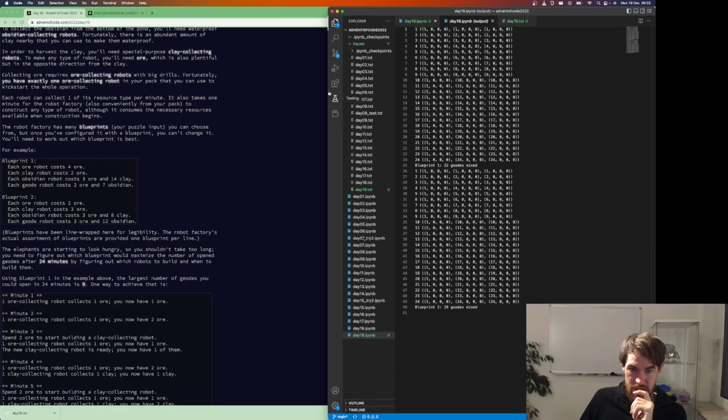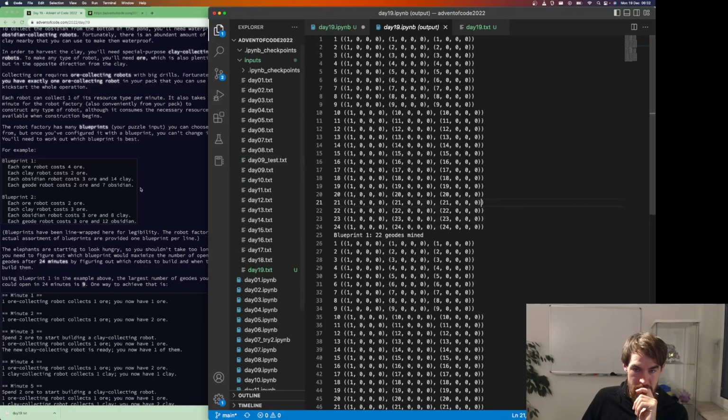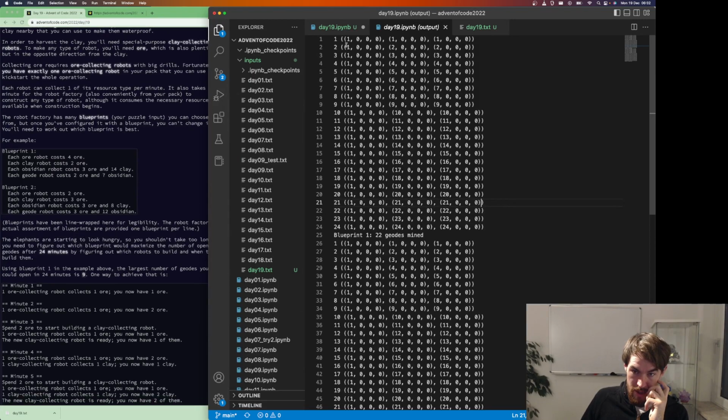Let's open this up and compare it to what we have. So we have 1 which collected 1 ore. We have 2 ore. So we actually keep our 1 robot until the end.